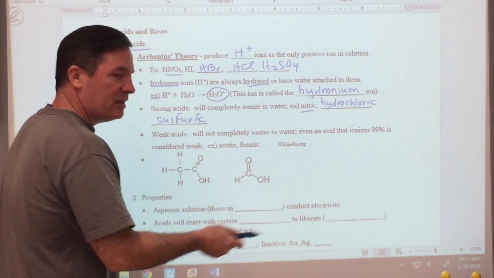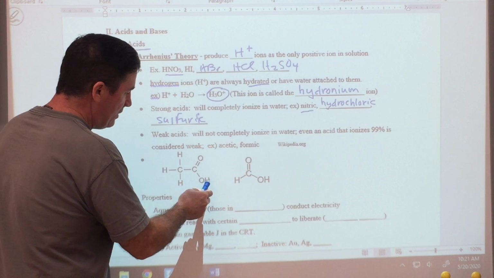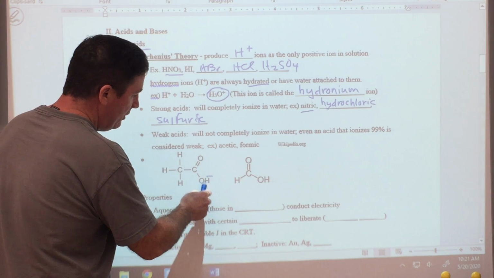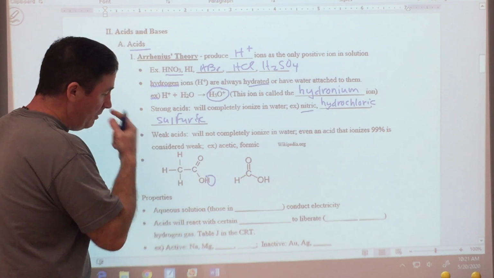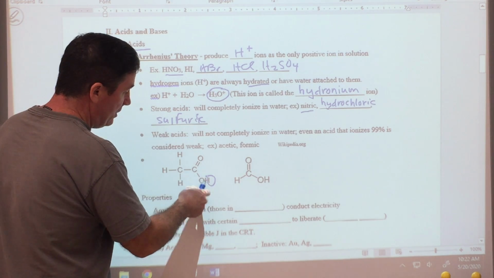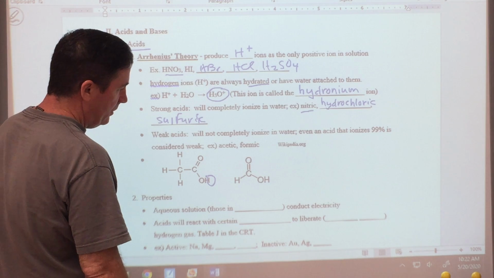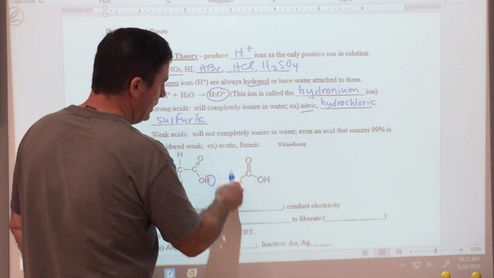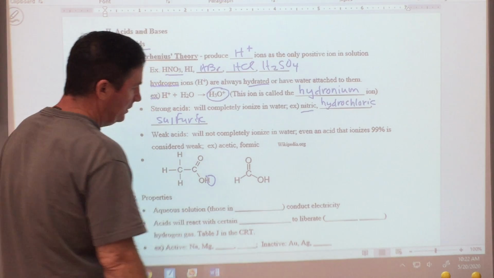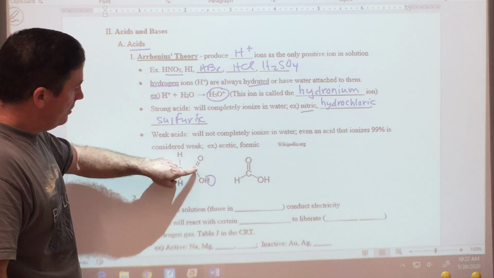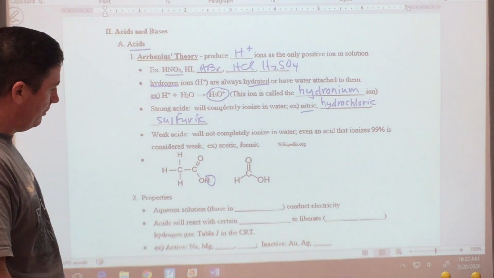So it's a weak acid, as I showed you the other day. It's a weak acid because not all of the acetic acid molecules will lose that hydrogen. This is another weak acid called formic acid. And as you can tell here, these are both carbon-based.